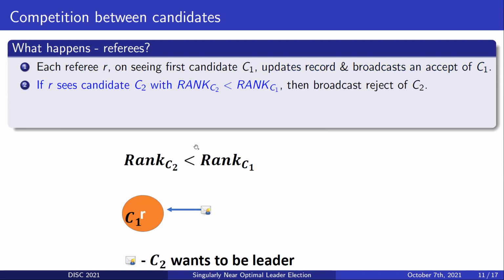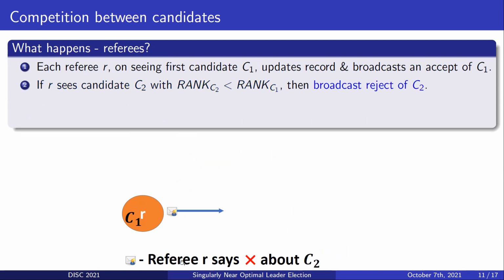Subsequently, let's say that referee R hears a message about some candidate C2. Now, either C2 will have a smaller rank or a larger rank than C1. Let's look at what happens if it has a smaller rank. In this situation, the referee rejects C2.